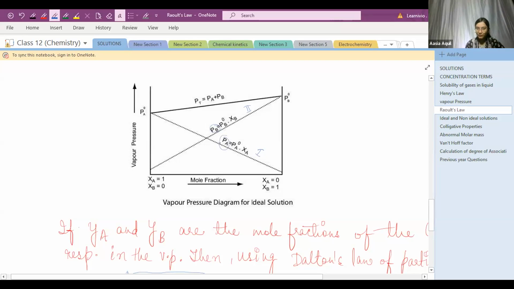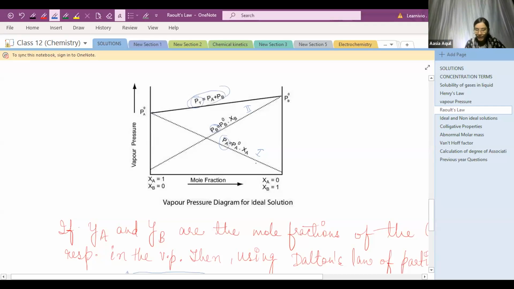This dashed line shows the vapor pressure of the A component, and the second line shows the vapor pressure of the B component, right? It just dash line से हम show करते हैं, right? And this solid line is the total vapor pressure, right? Total vapor pressure means the vapor pressure of A component plus the vapor pressure of B component, right?